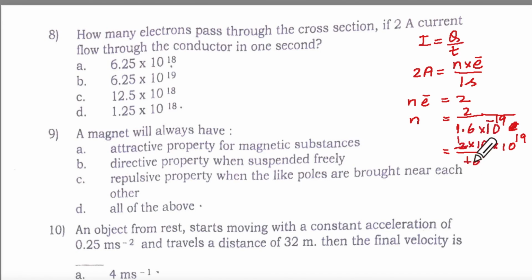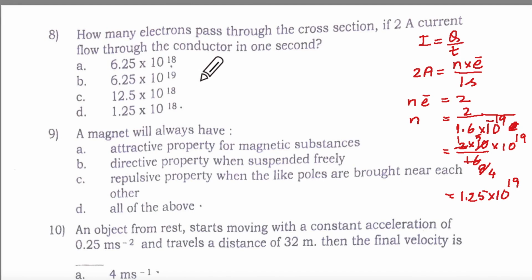So it will be 2 into 10 upon 16, and this goes up, so 10 to the power 19. 2 ones are 2, 2 eights are 16. Then 2 fives and 2 fours. What am I getting? 1 and 1/4, meaning 0.25 into 10 to the power 19. Am I getting that anywhere? 1.25.